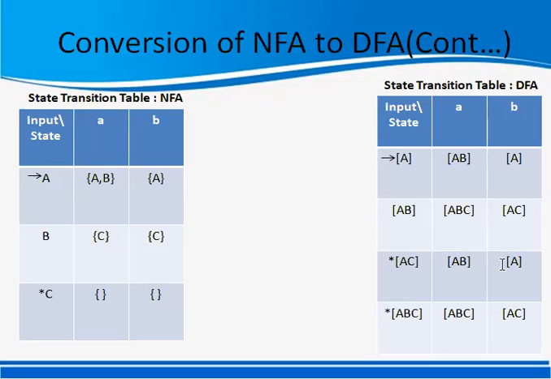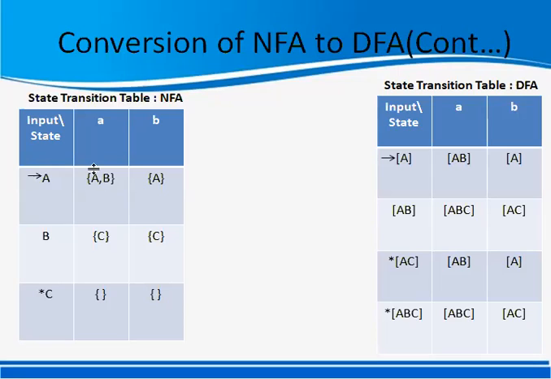Now we have seen the transitions on AC. So we will now see the transitions on ABC. We will take the union of ABC on input a from the state transition table of NFA.